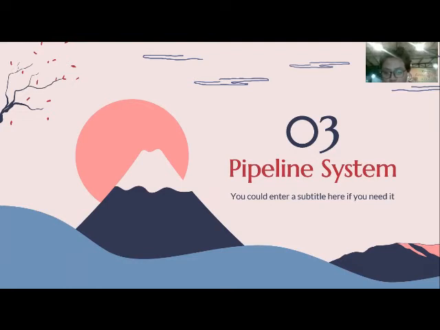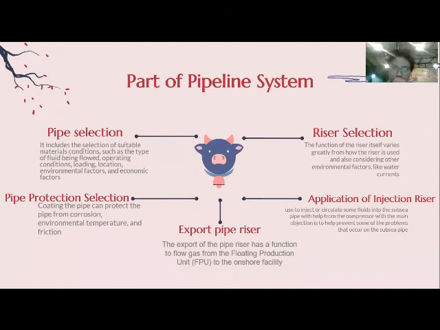Piping system selection also depends on public activity such as sailing and fishing routes and part of the pipeline system. Pipe selection includes the selection of suitable material conditions such as the type of fluid being flowed, operating condition, loading, location, environmental factor, and economic factor.